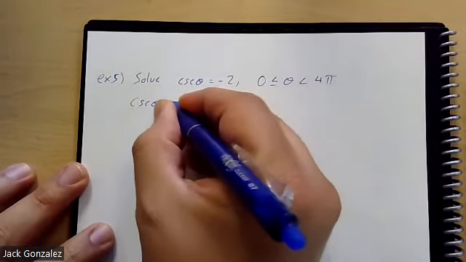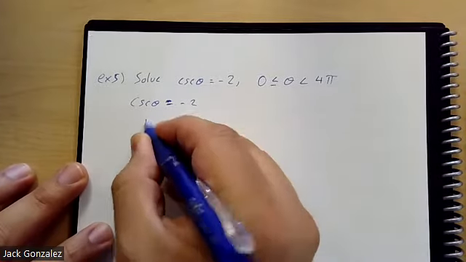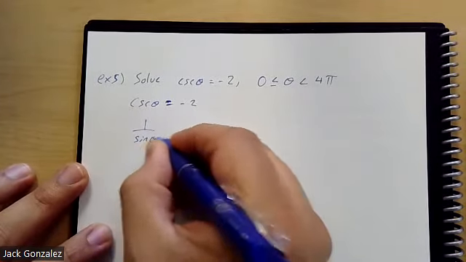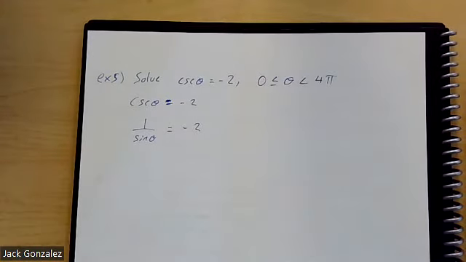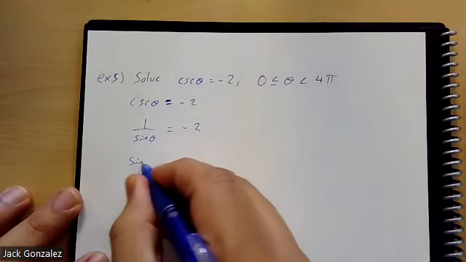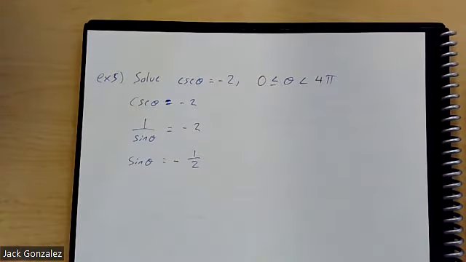What is cosecant as a ratio? Yeah, this is 1 over sine, right? If I flip them over, take the reciprocal of both sides, we know how to solve this, right? You've done this before. We did it, I think it was just a bit ago.